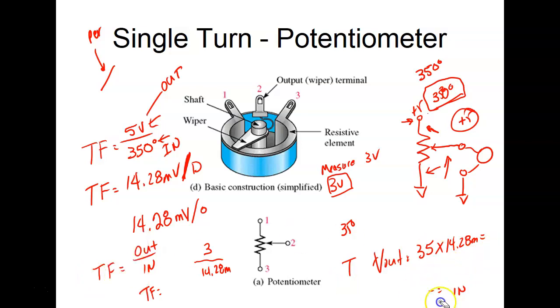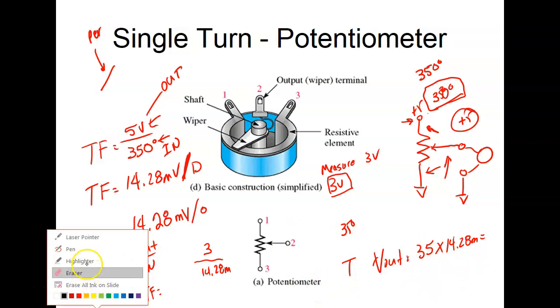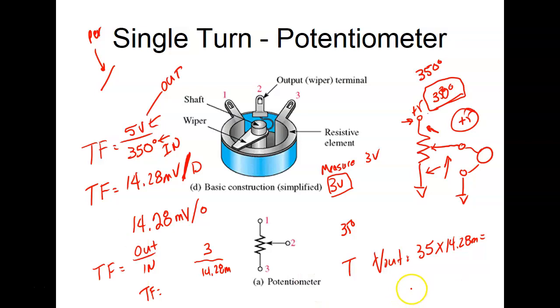So here's our formula, and it's a three expression formula. That means any three expression formula we can put in this little wheel that we usually solve for. So what's the transfer function equal to? Out over in. So I know the out. What's the out? 3 volts. Good.